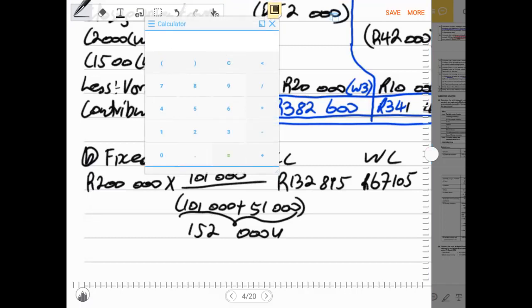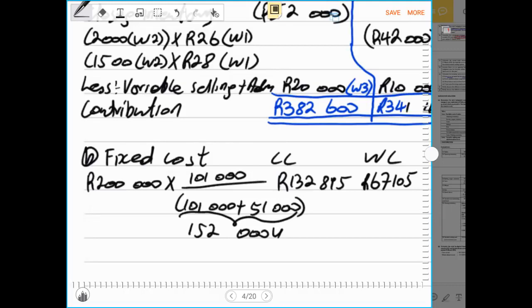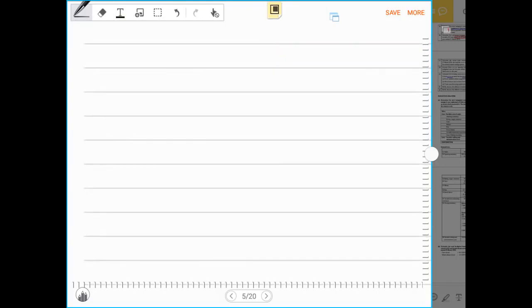If you add 67,105 and 132,895, it should give you 200,000, exactly what we have allocated using the current basis of allocation. So now we have done requirement number B.